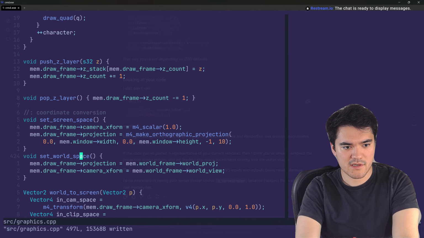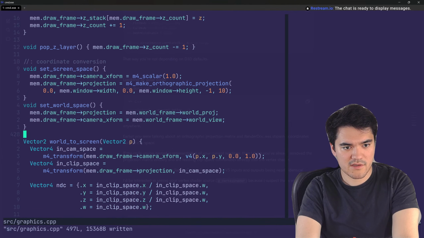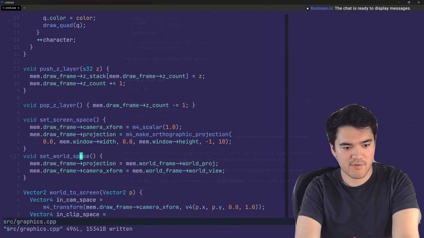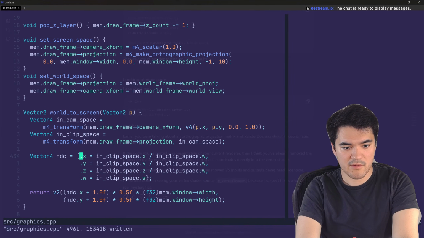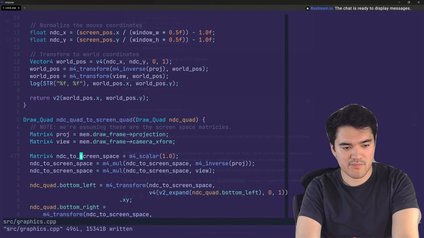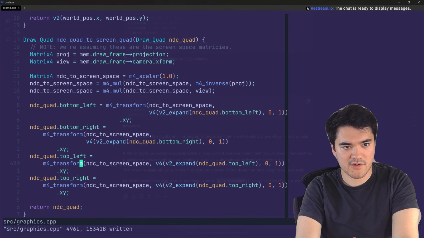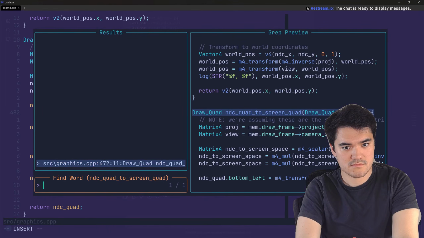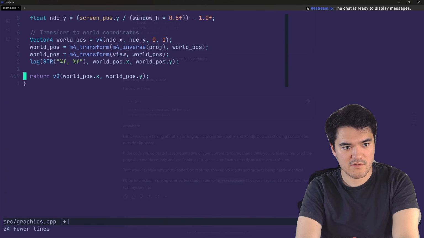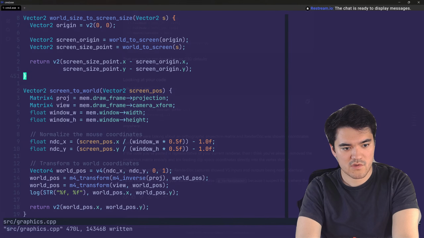Let's see. So okay, this is where we are probably going to have some of our bugs, in all of these projection matrix generating spots. Okay, let's get rid of this function, it's not being used. Screen's world.